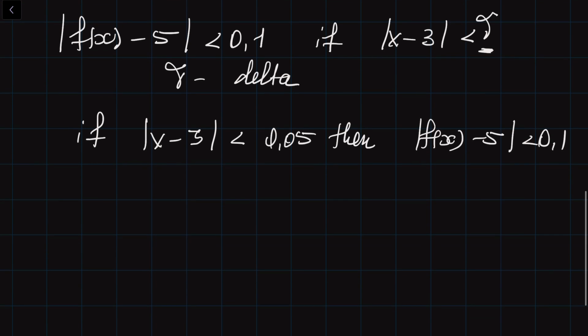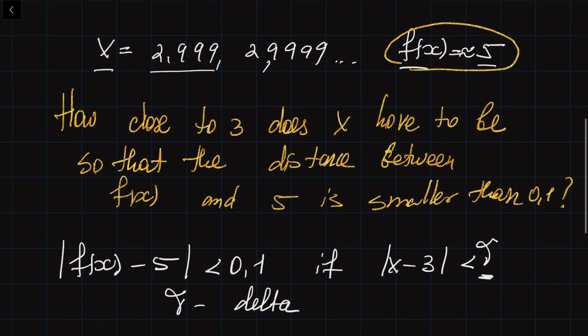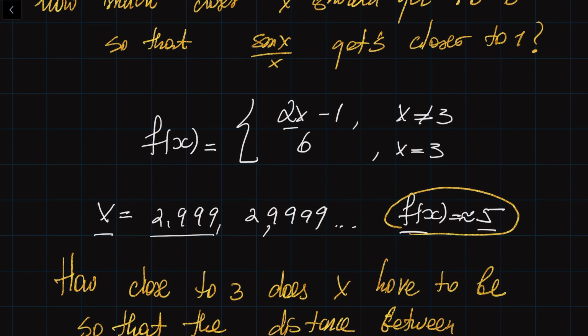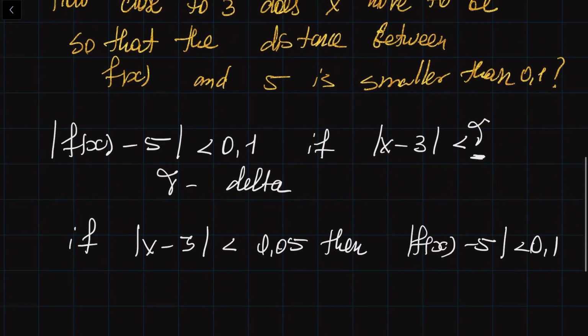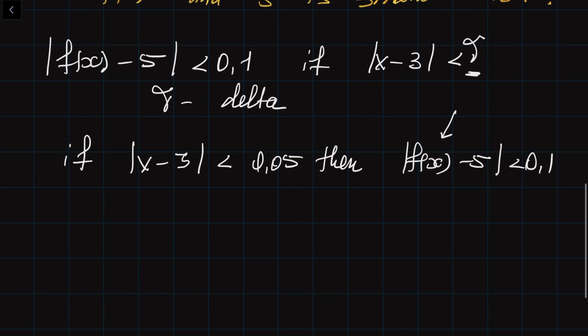So how can we show this? If you remember, the value of the function f of x is equal to 2x minus 1, right? I'm just going to put this in here. So the absolute value of 2x minus 1 minus 5 should be smaller than 0.1, right?